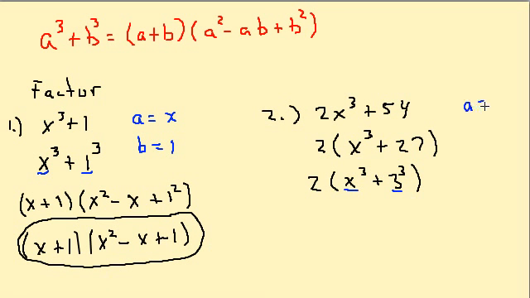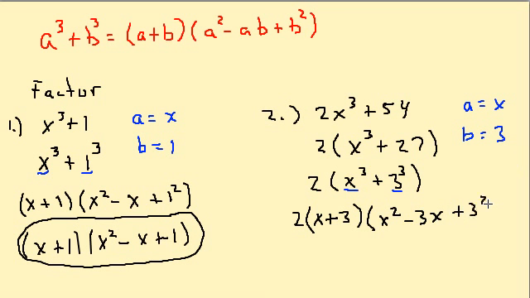So I have a equals x and b equals 3. So I'm going to plug these values into the formula. So I've got 2 times, and now I'm going to plug x and 3 in for a and b. So I have a plus b, or x plus 3, times a squared, which is x squared, minus a times b, x times 3 is 3x, and then plus b squared, plus 3 squared.